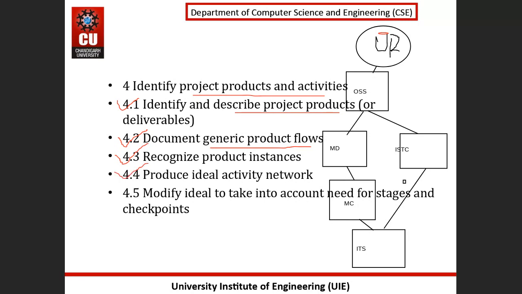Next we have produce ideal activity network. So now we have this kind of flow, when we link all the items, all the nodes, into a network. So what is that? That is produce ideal activity networks. We have different activities.